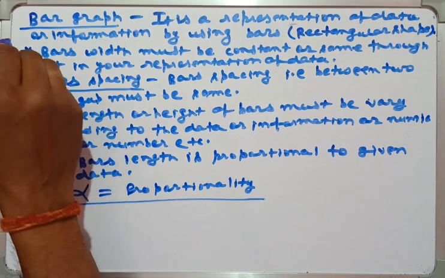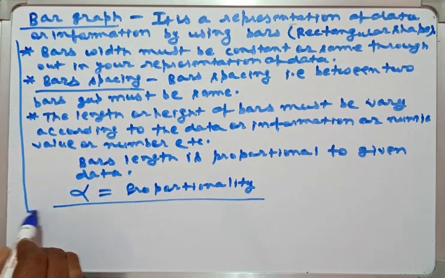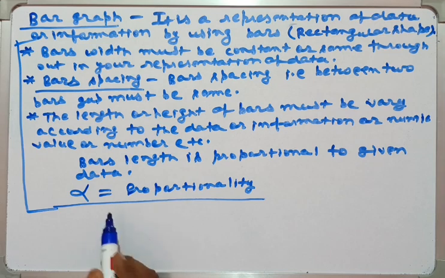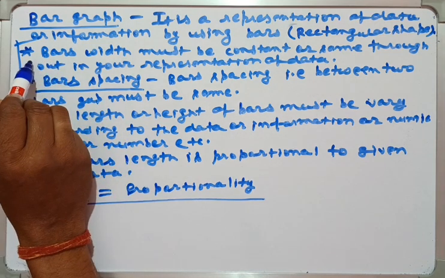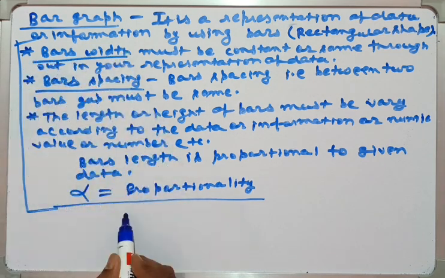Now guys, see these three things here. First of all, one is the bar width. So see, suppose this one is the y-axis, this one is the x-axis, and this one is a reference point.